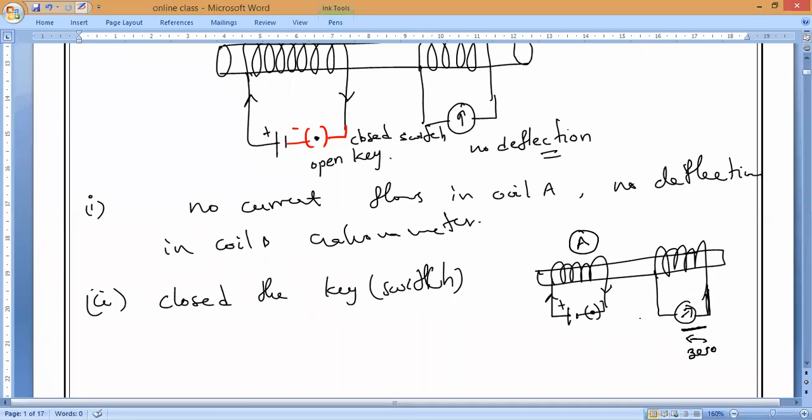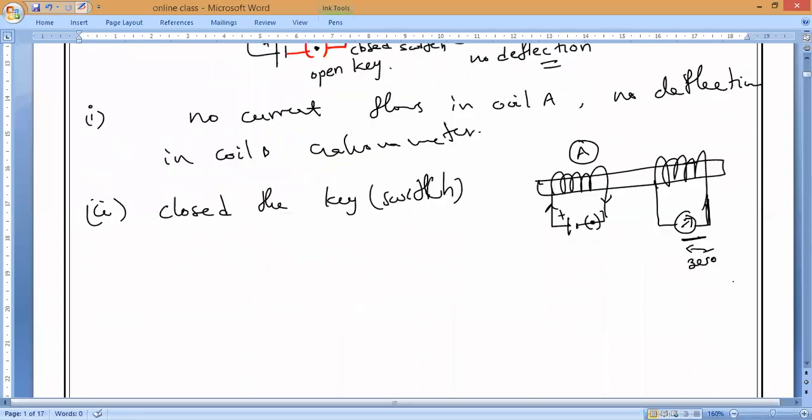That is what you have to remember. Only at the on time can you see the momentary deflection in the galvanometer of coil B. Again it becomes zero.